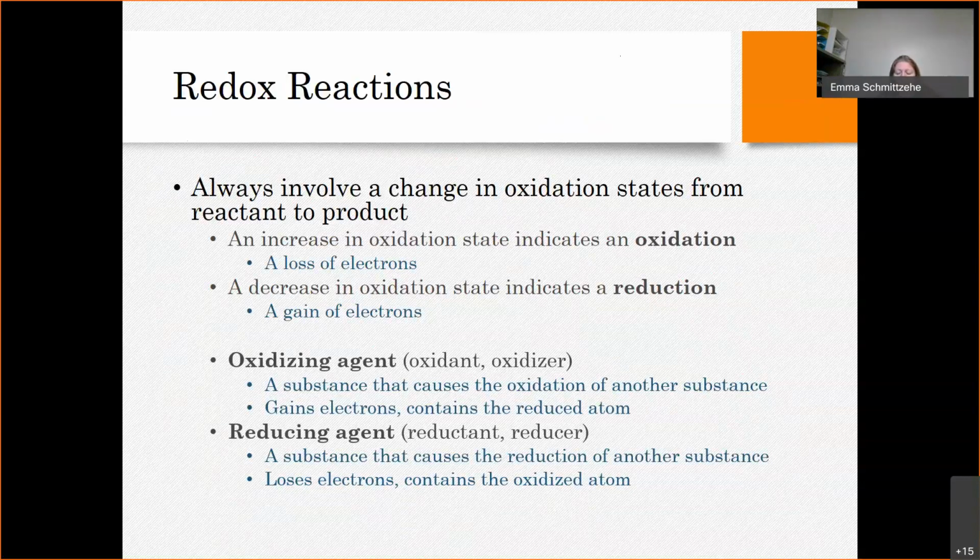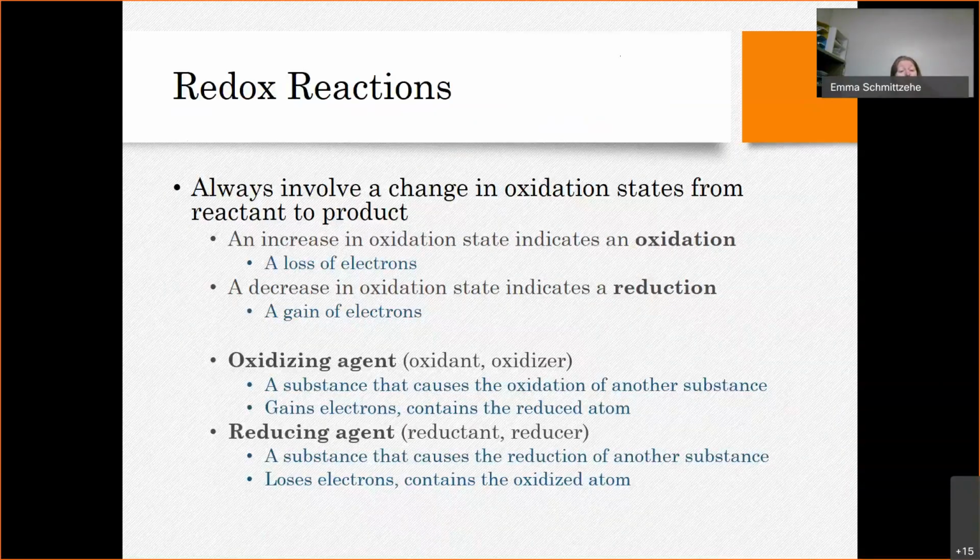And so what we're looking at when we say oxidizing agent is what substance allowed an oxidation to occur. So if an oxidation is a loss of electrons, the only way something can lose electrons is if there's something else there to pick them up, okay?